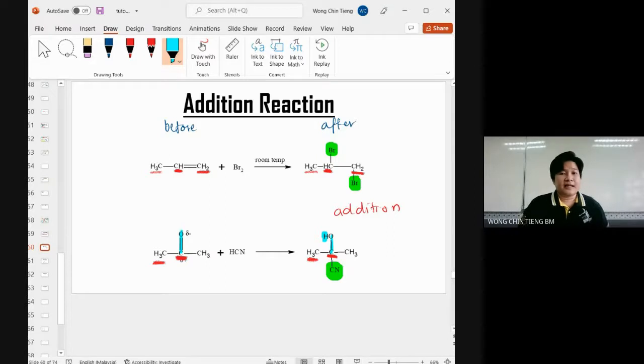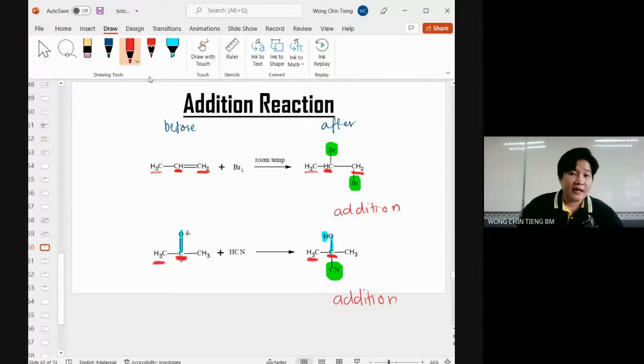Okay? Next, that I want you to go through for this addition is the type of addition in detail. We agree that both of this is addition right now. Addition reaction ada dua jenis. Electrophilic, nucleophilic. Okay?